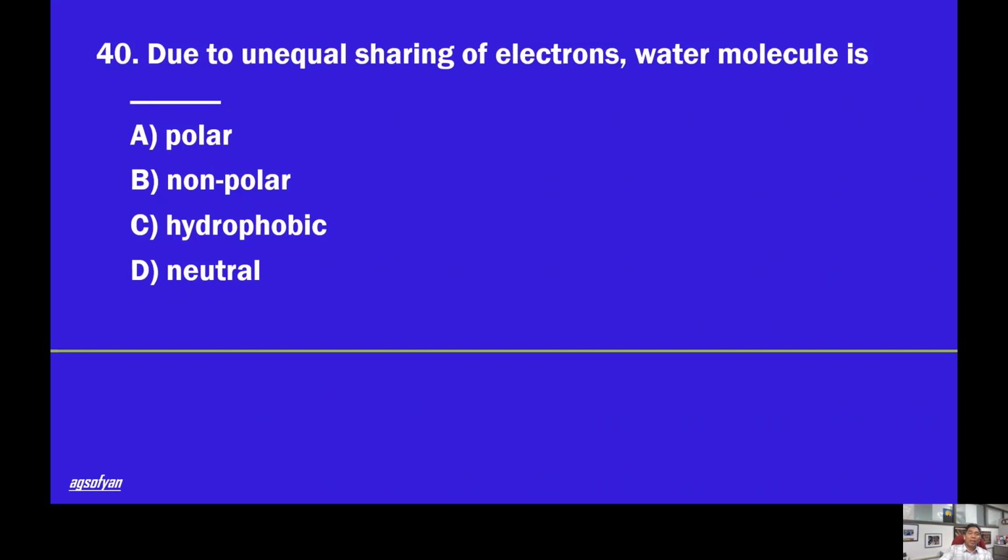Number 40. Due to unequal sharing of electrons, water molecule is A. Polar, B. Non-polar, C. Hydrophobic, D. Neutral. Choose your answer. Okay, this is a polar or charged molecule. So molecules of water have a positive charge on the hydrogen side and a negative charge on the oxygen side.